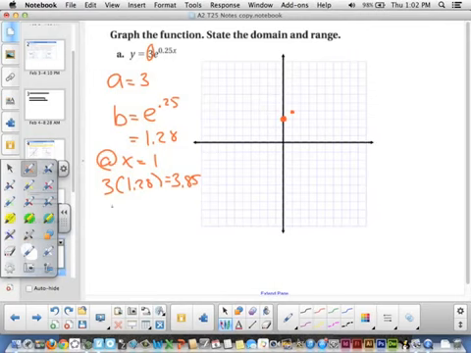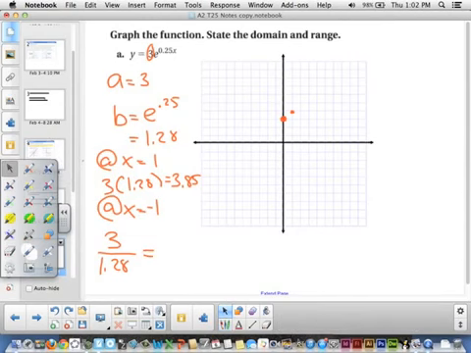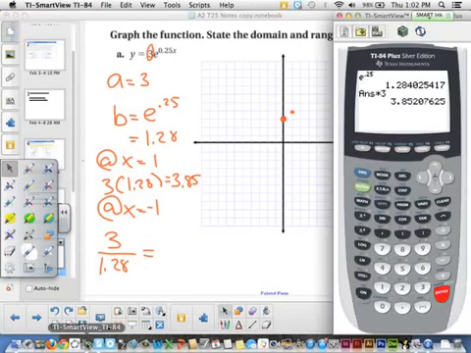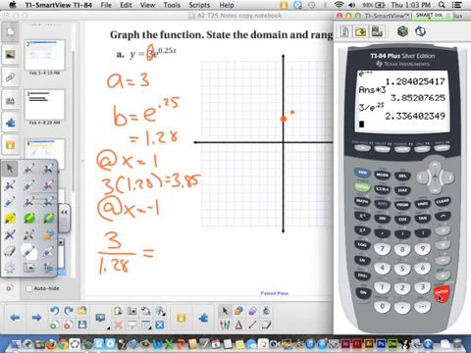And to go backwards, at x equals negative 1, we're going to take 3 and divide by 1.28. I'm going to use the exact value of e to the 0.25. And we go backwards to 2.34.